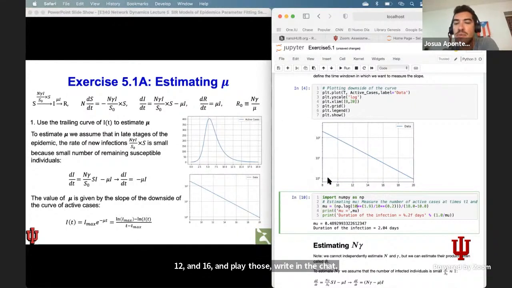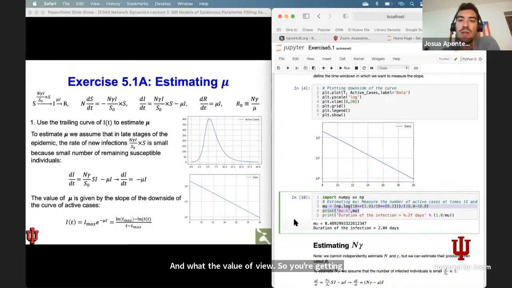You can choose whatever times you want other than 10 and 18. Just report what times you chose, in the chat. What were the times of the curve that you assumed by reading the plot, and what is the value of mu that you're getting.